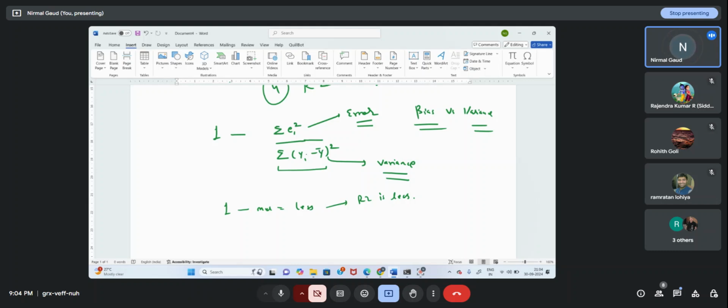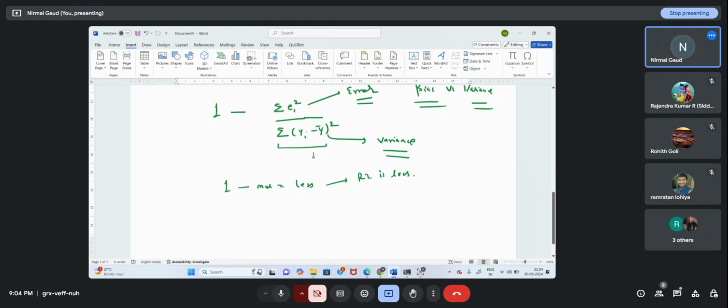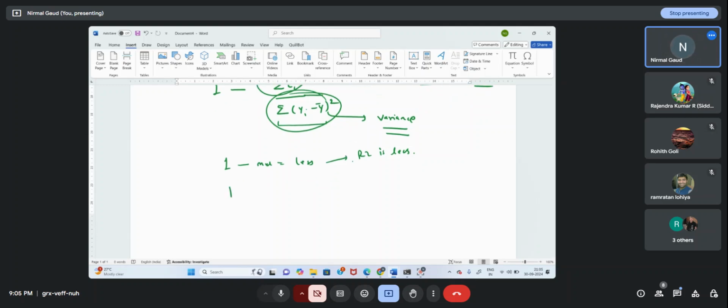However, now again there is a twist. If error is less, variance is high, but not that much high. So this ratio will become minimum, because that's the ratio now.